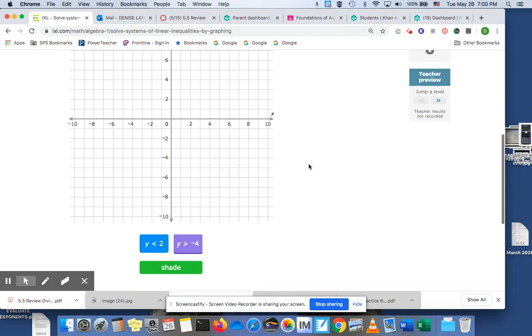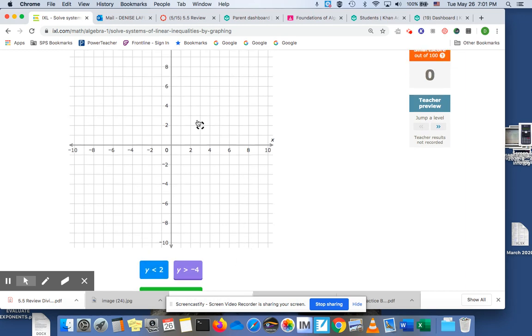So the first thing that you do is go down here to one of the equations. So I'm choosing y is less than 2. I'll click on that blue block, and now I can go ahead to where y is 2, and I will make a line horizontal going through 2 on the y-axis.